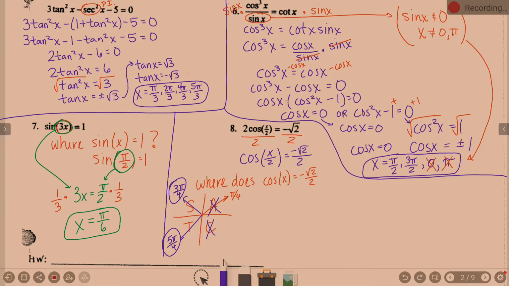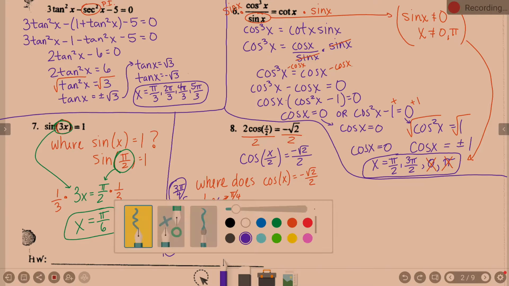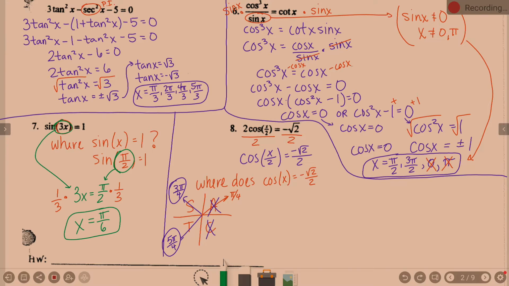But what were we really using? I'll go back to a different color here. We didn't want x, we wanted what? X over 2. So we've got to take x over 2. Like last time I took 3x and set equal to my answer of pi over 2.